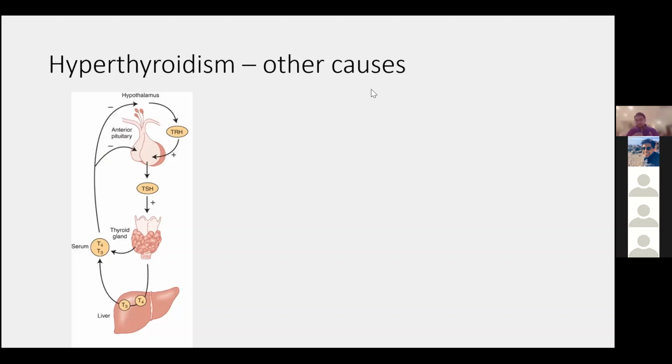And that's why amiodarone can cause hypothyroidism. But on the other hand, with the excess iodine, it may drive thyroid hormone production. It's very difficult to predict which patients will become hypothyroid and which ones become hyperthyroid. So it's important to watch out for both of these features when you're starting someone on a drug like amiodarone, as they could go either way.